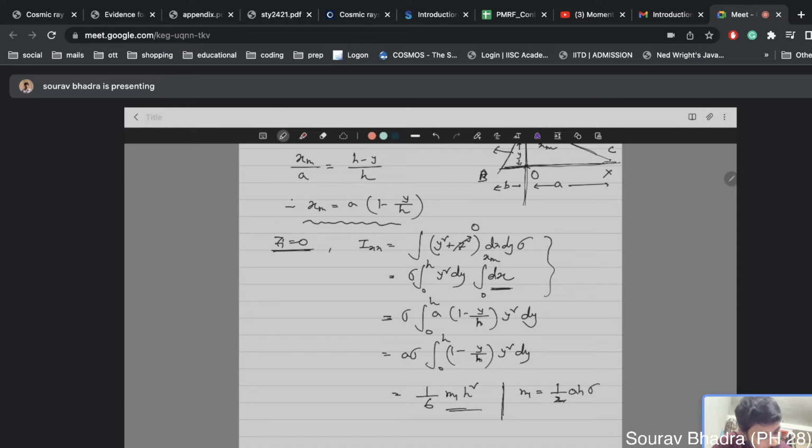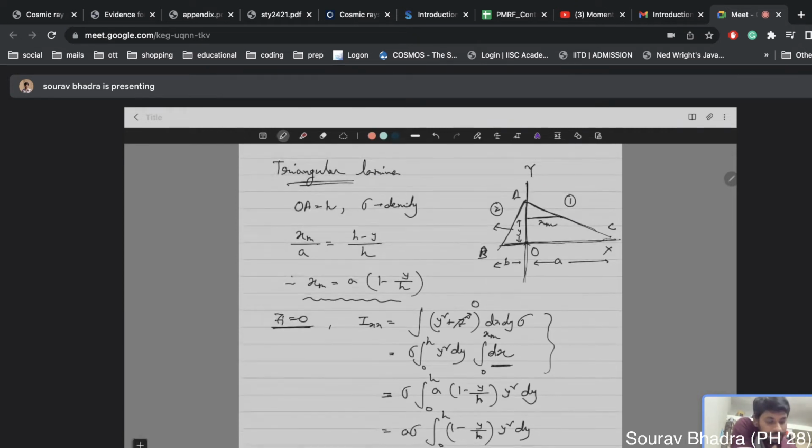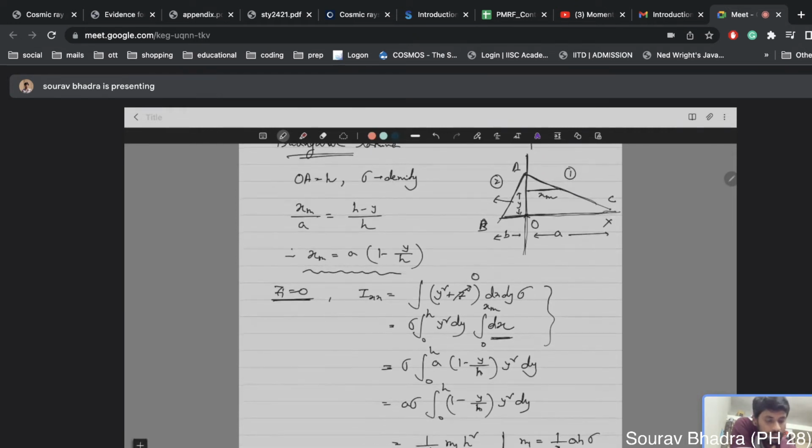Okay, so this you will get from this integration for part 1. Now you see that all this calculation of ixx was for part 1.